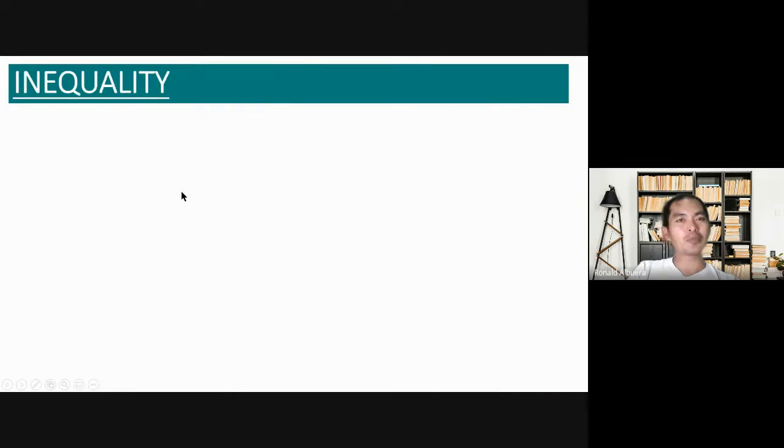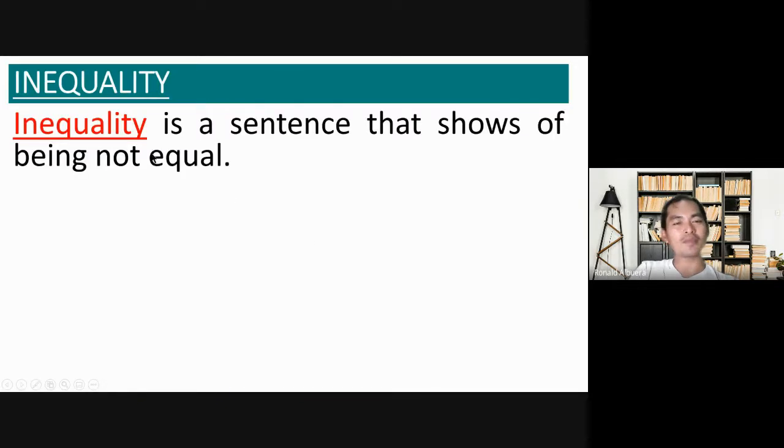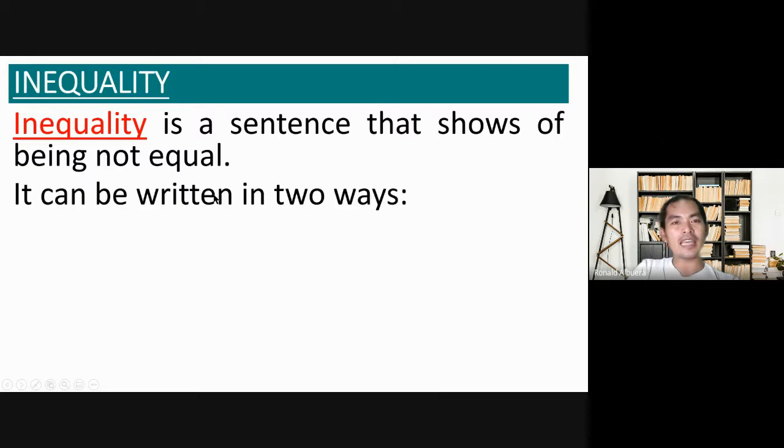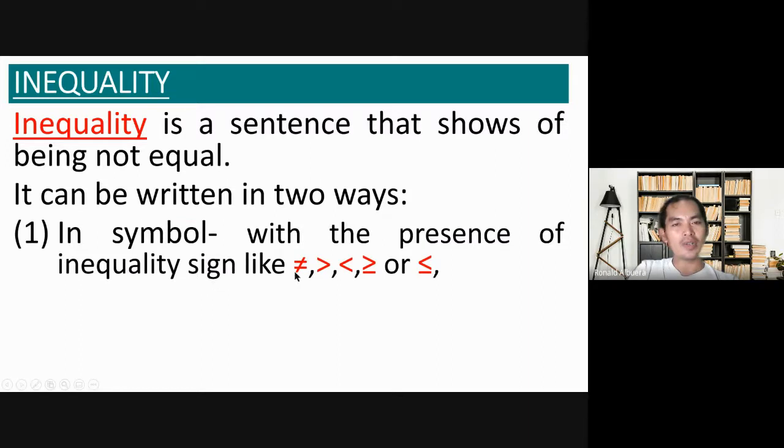Let's proceed to inequality. Ano ang tinatawag natin na inequality? Is a sentence that shows of being not equal. Also, can be written in two ways. In symbols, with the presence of inequality sign like is not equal to, is greater than, is less than, is greater than or equal to, or is less than or equal to.